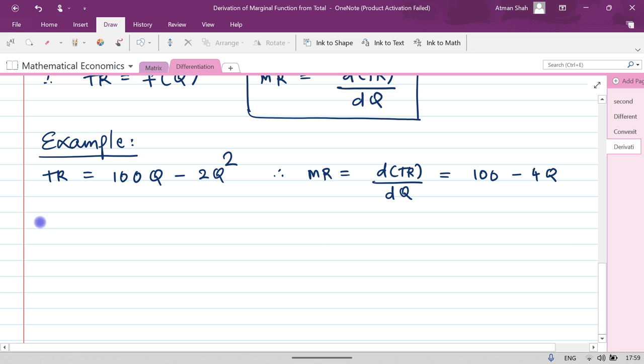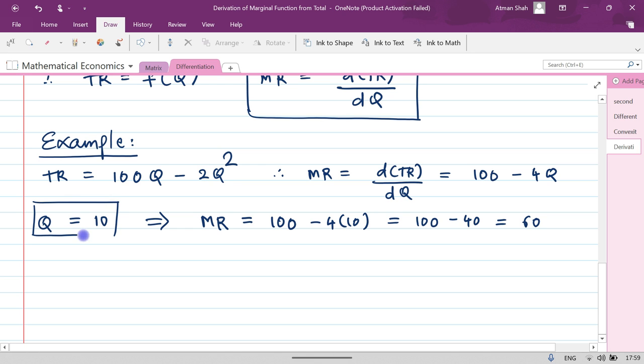Now suppose Q is equal to 10. So in this case marginal revenue is equal to 100 minus 4 into 10, which is equal to 100 minus 40, which is 60. So the marginal revenue of the 10th unit is 60.